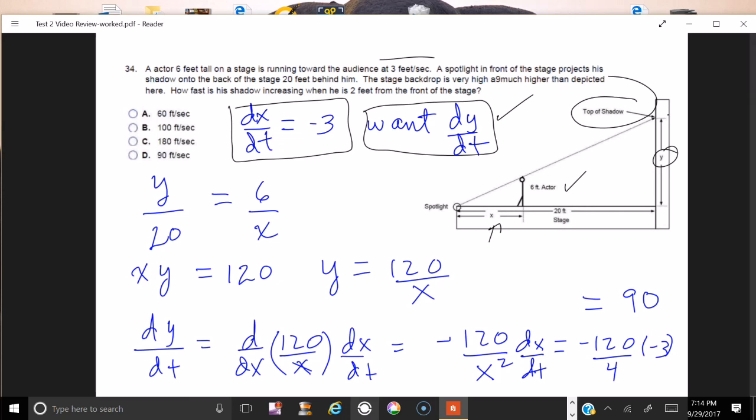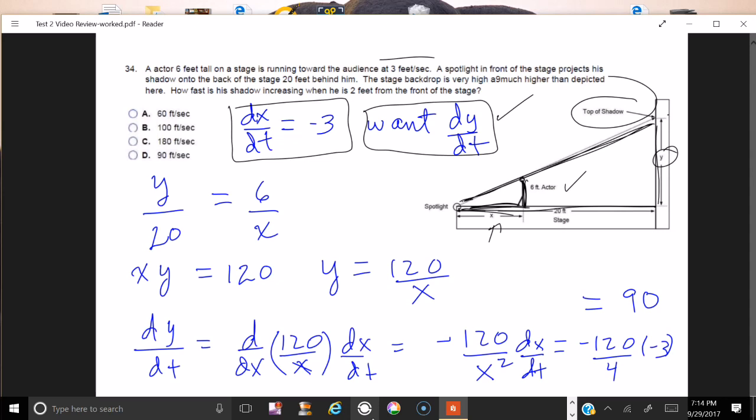Now, to get a relationship between y and x, we need to look at the geometry here and see that we have similar triangles. We have the large triangle, and we have the small triangle that are similar.